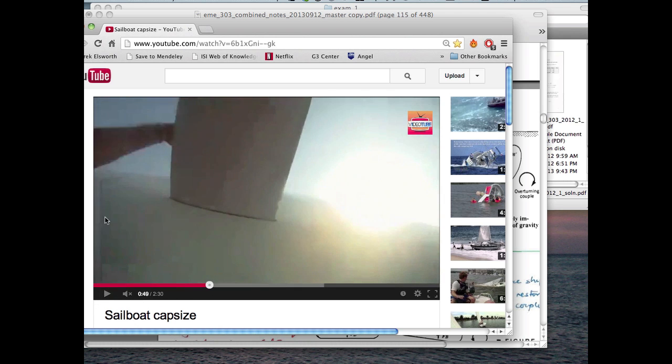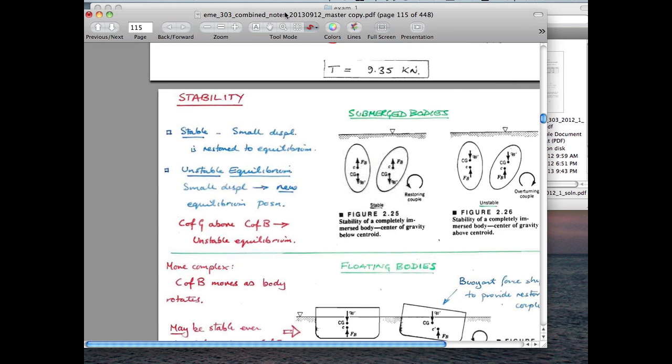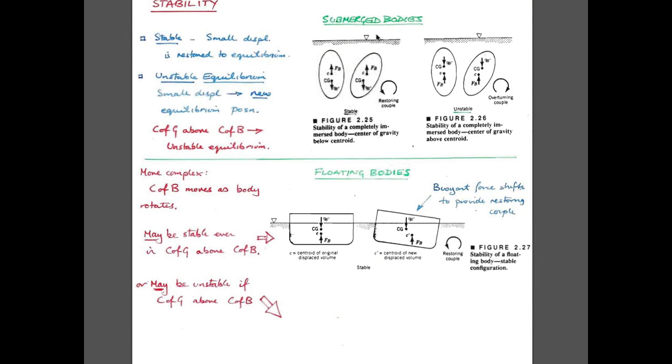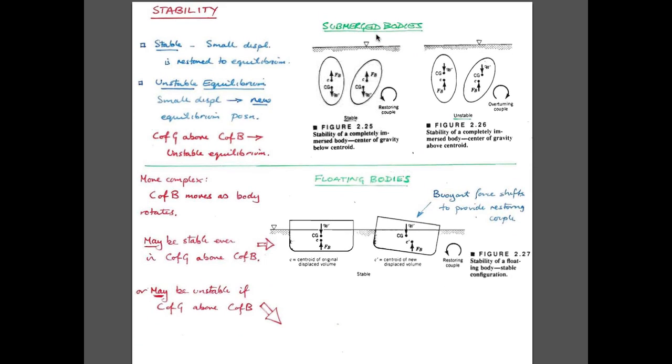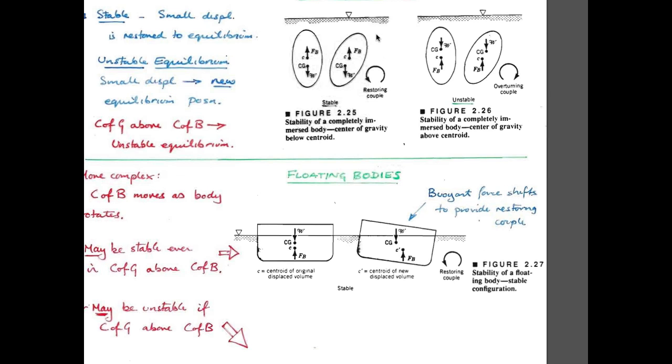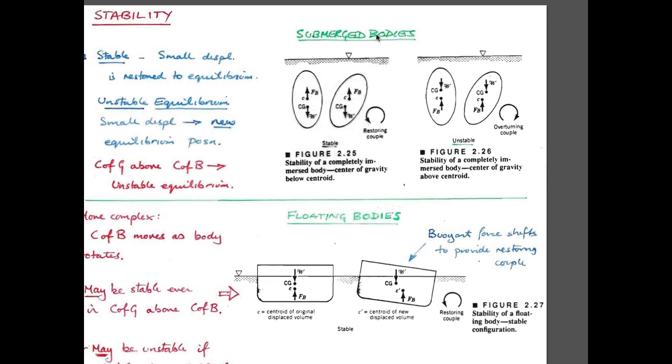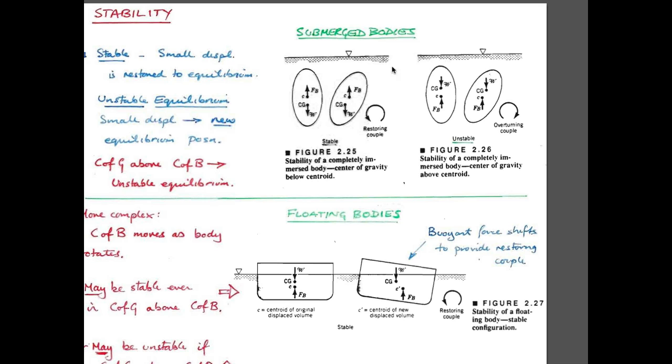So we can look at the issue of stability. So if we do that, let's come back to look very straightforward at this and what we know about this. So certainly the easiest cases we have to deal with are for fully submerged bodies. And the reason for that is that they always displace exactly the same amount of fluid, right?